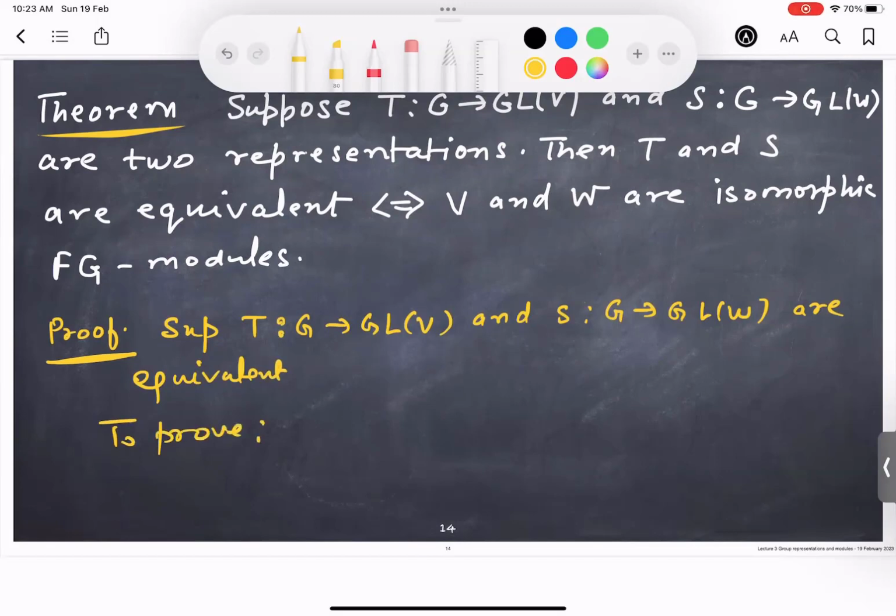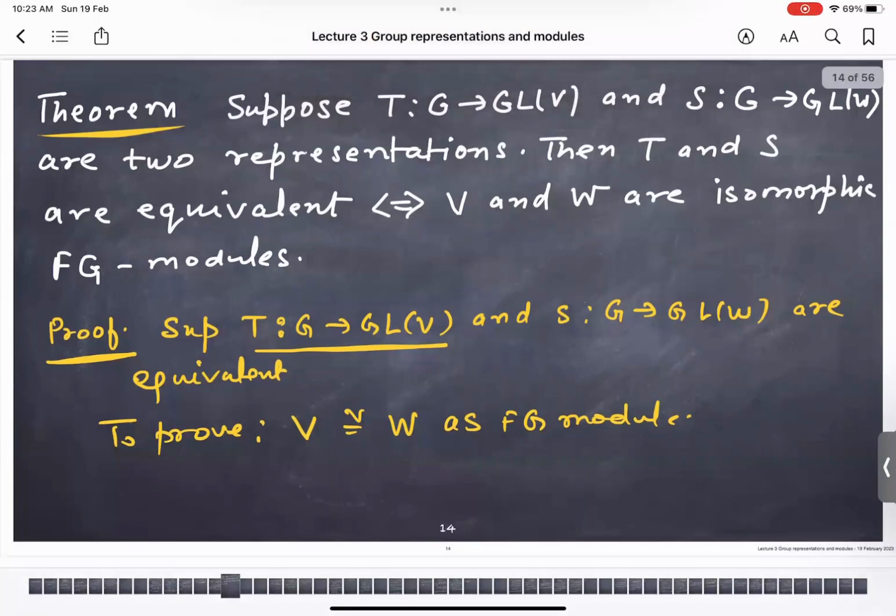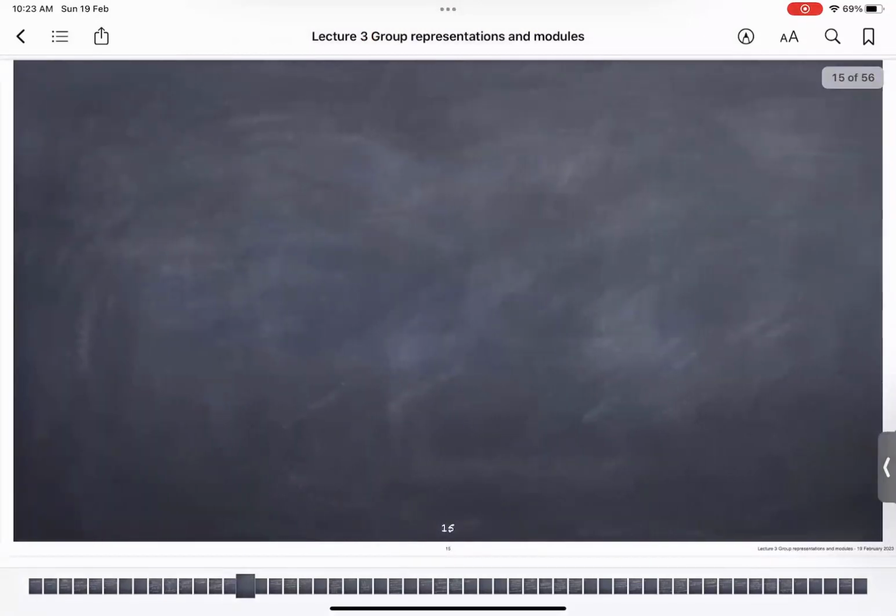Now, what is the module corresponding to this? The same V regarded as FG module, and the same W regarded now as FG module. V is isomorphic to W as FG module. This is what I want to show. All right. How do you do that?